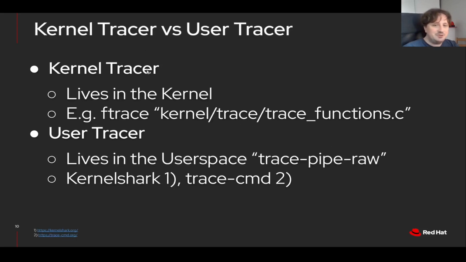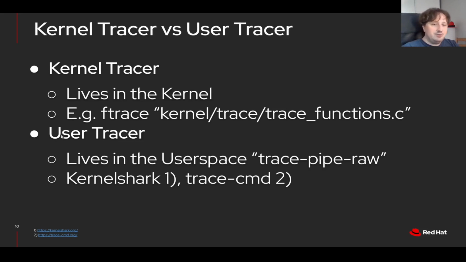So a point to mention here, there's a difference between kernel tracer and user space tracer. A kernel tracer, as the name implies, lives in the kernel, like the function tracer, the function graph tracer, OS noise, and other things. And then you can run some cat on some file to read out the kernel tracer.